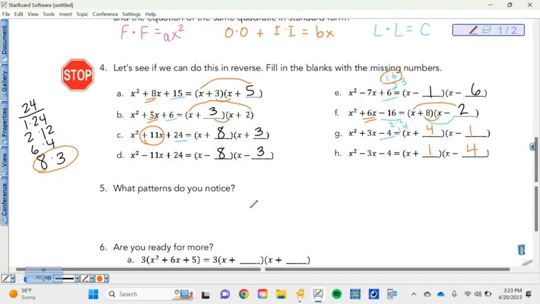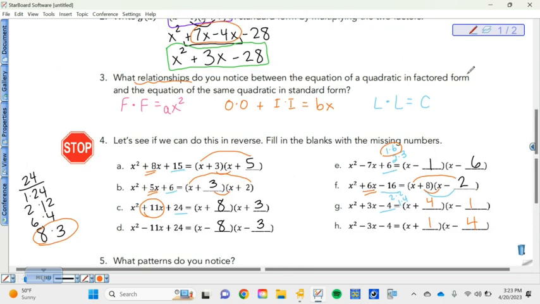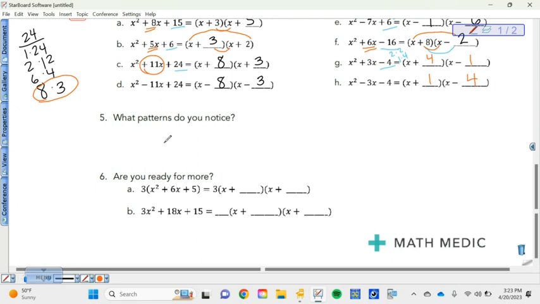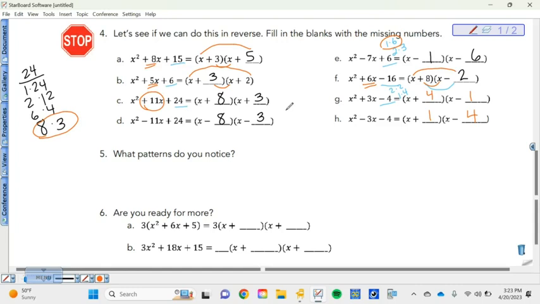And then you can jot down anything you notice, any pattern, any relationship you see. We kind of already wrote it down up here, but try and write it down in your own words. Yeah, so try and articulate that.